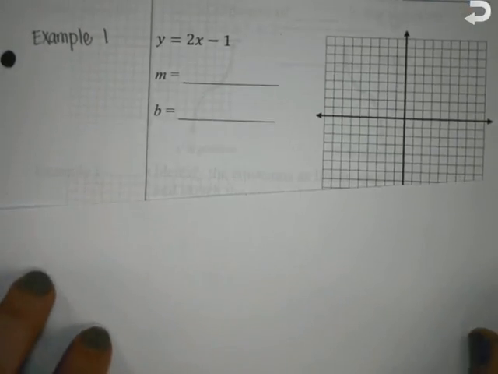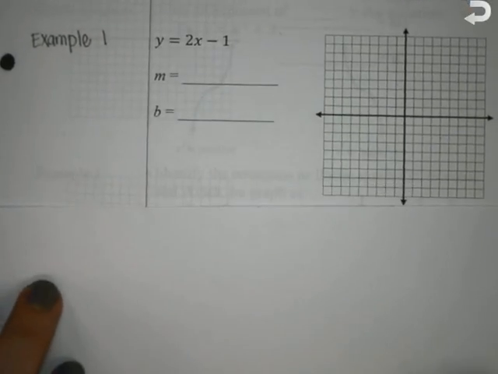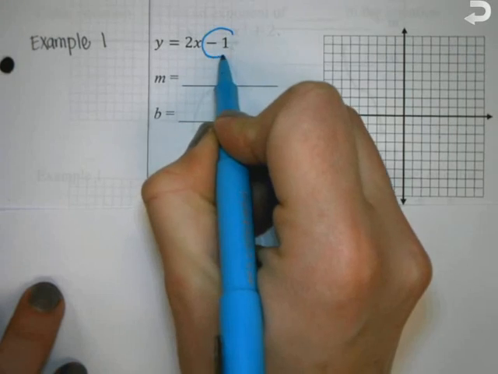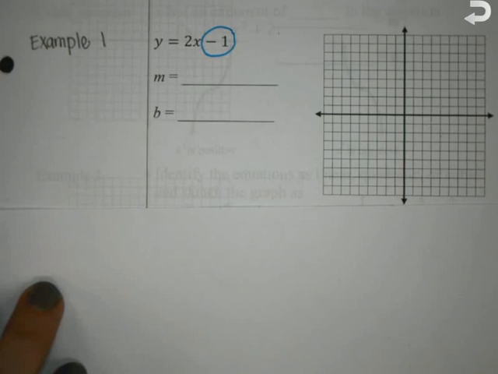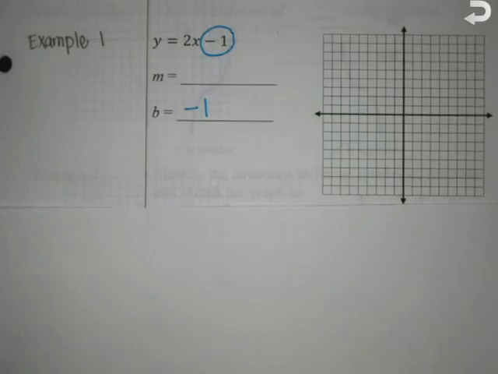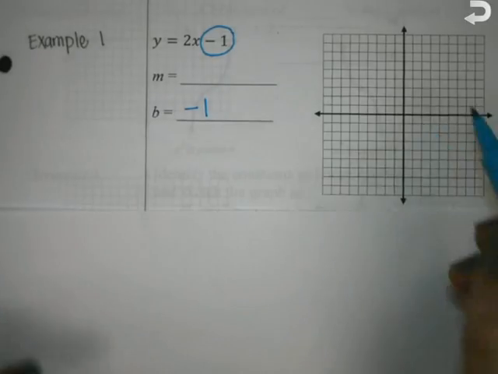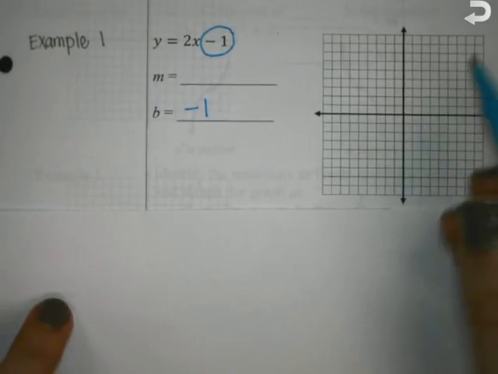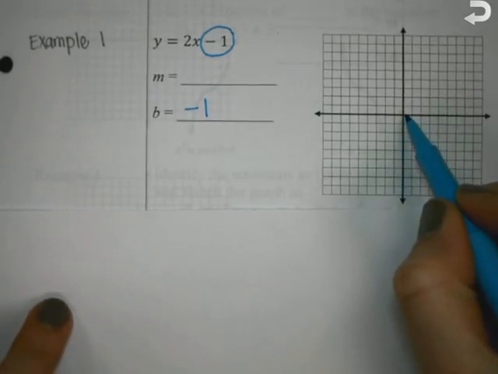No, it's not 1. It's -1. Yeah, the number is attached to the sign behind it. So what do I do with that -1? I'm going to plot it. So I start at 0, 0, and I'm just going to go down 1 space because it's on the y-axis.